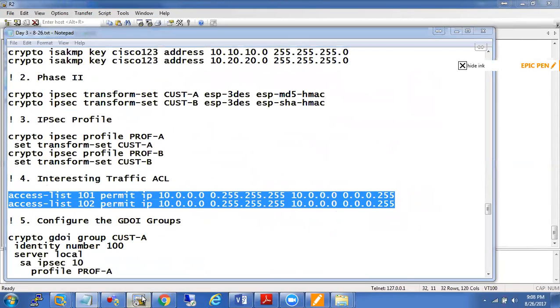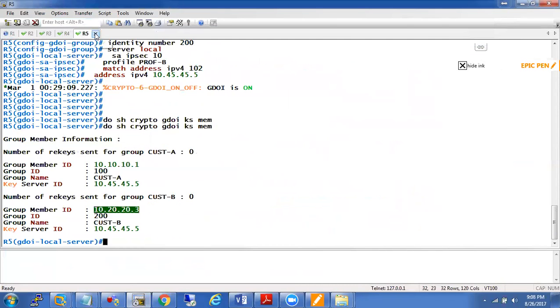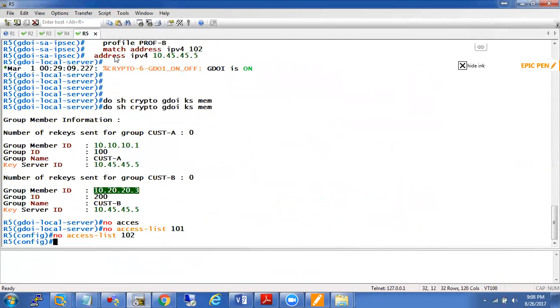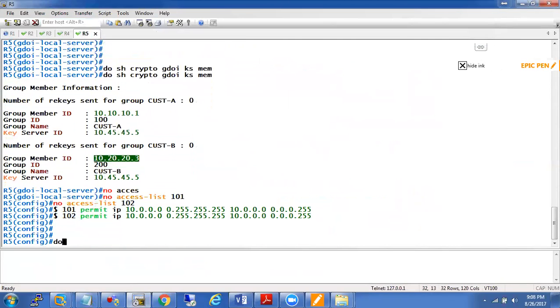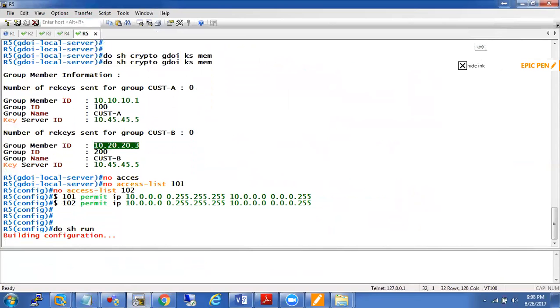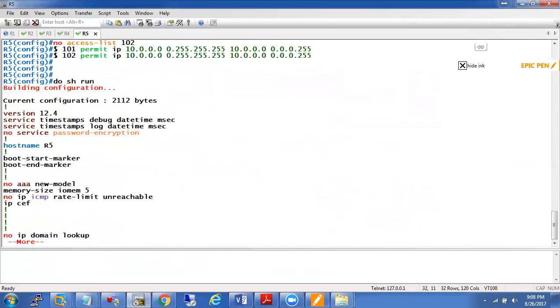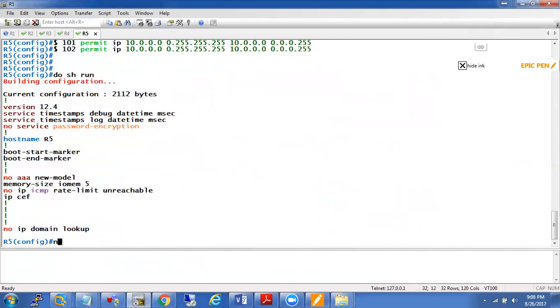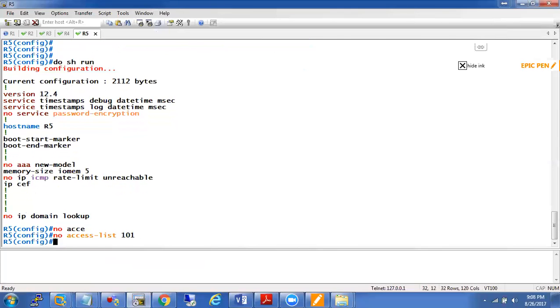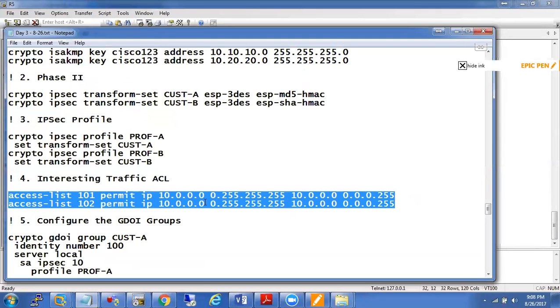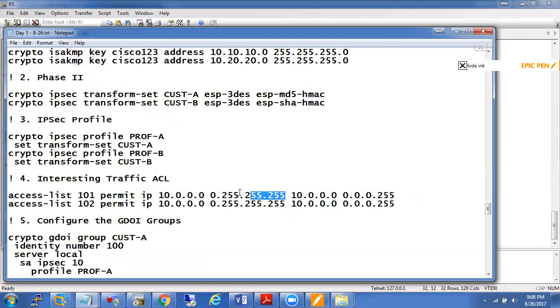Copy. Go to 5. No access. Sure that I have config back. Oh, no access-list 101 and 102. It's still wrong. This is 10.0.0.0 with mask 0.255.255.255.